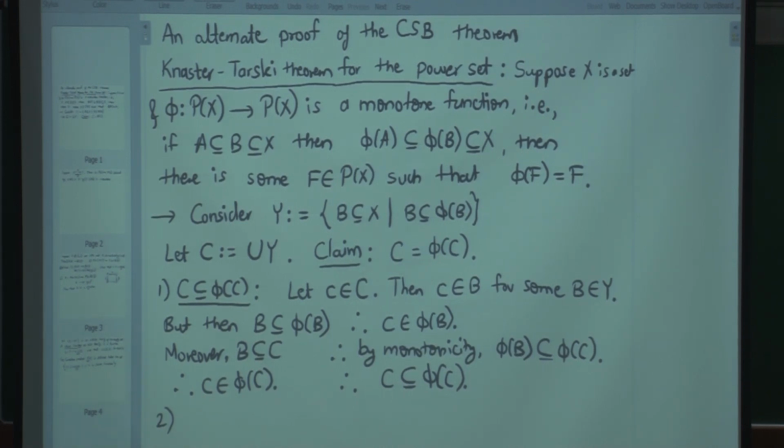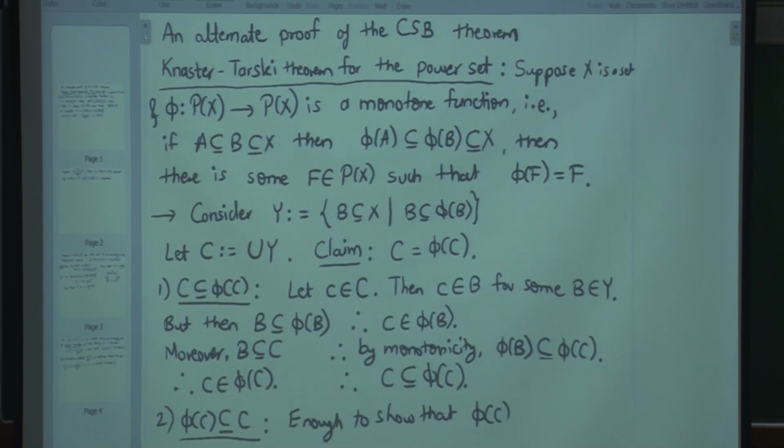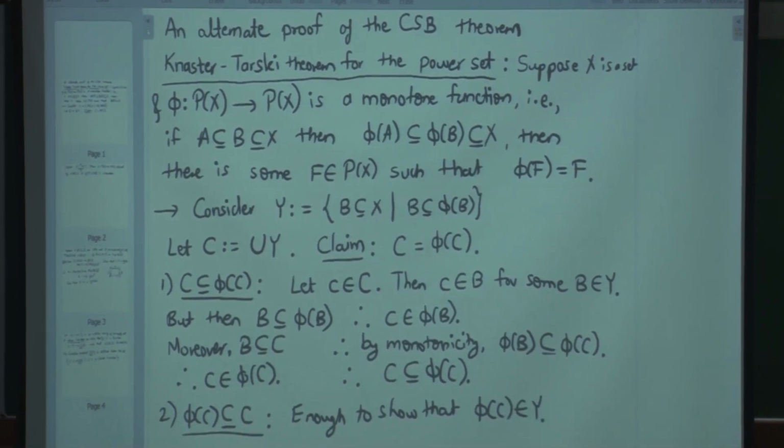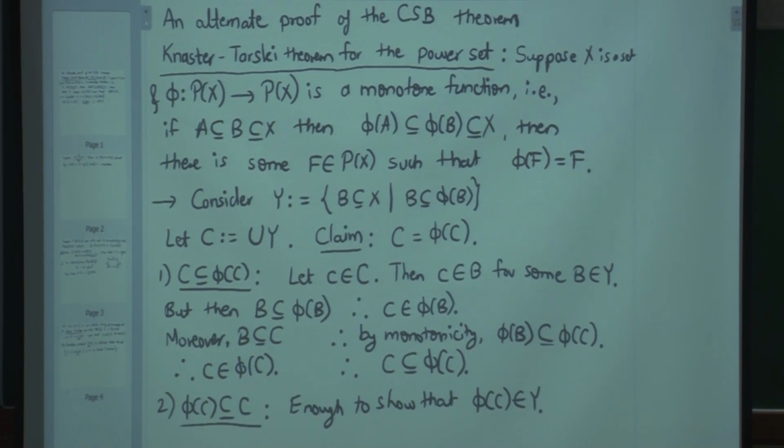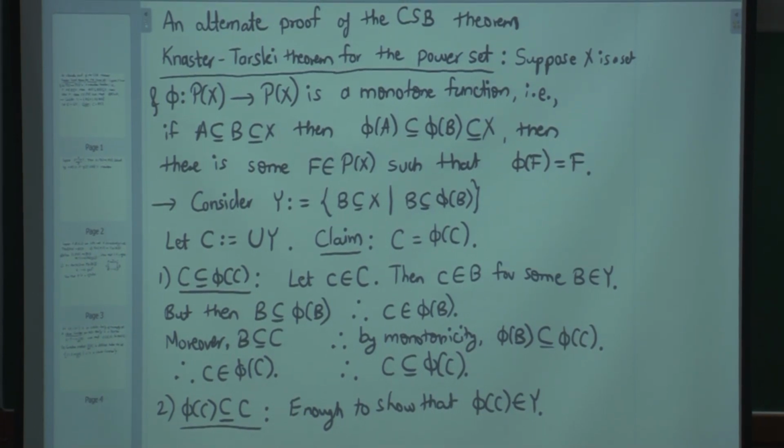C is the union of all the elements of Y. It will be enough to show that phi of C belongs to Y, because C already contains the union of all the elements of Y. So this is enough.